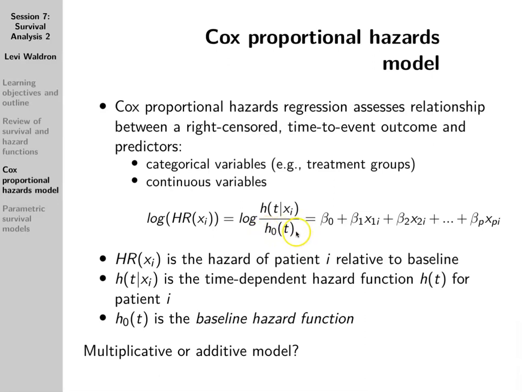And the baseline hazard, it's like the reference group. In linear regression and logistic regression and all of the regression models we've done, there's always been a baseline group.